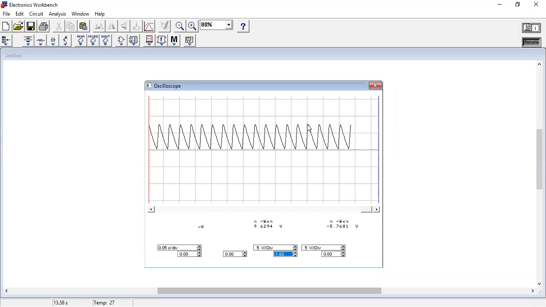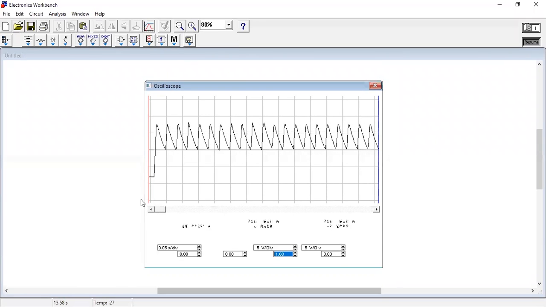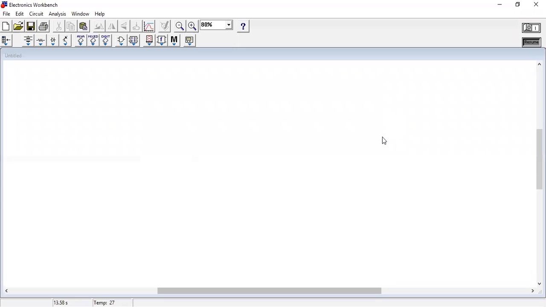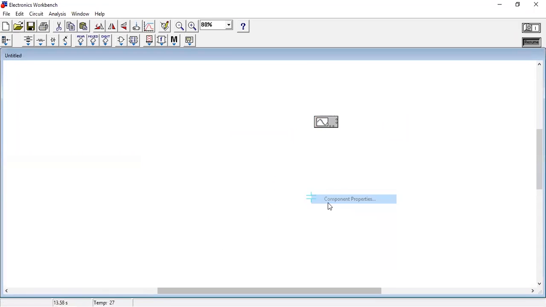And now I change the capacitor value to 40 microfarad. This one is the output waveform with capacitors for 40 microfarad.